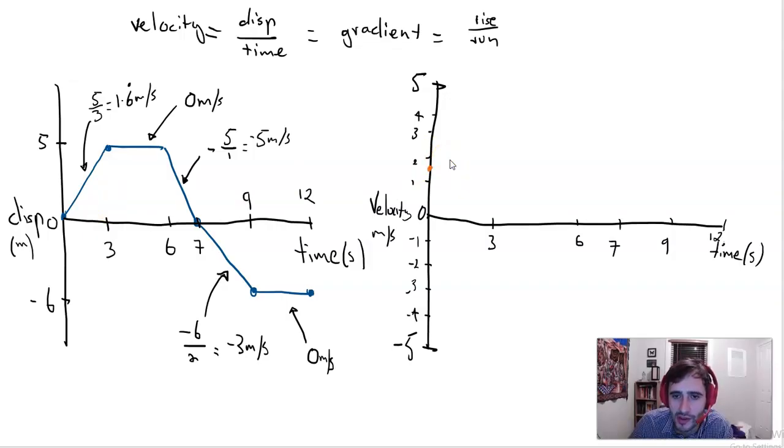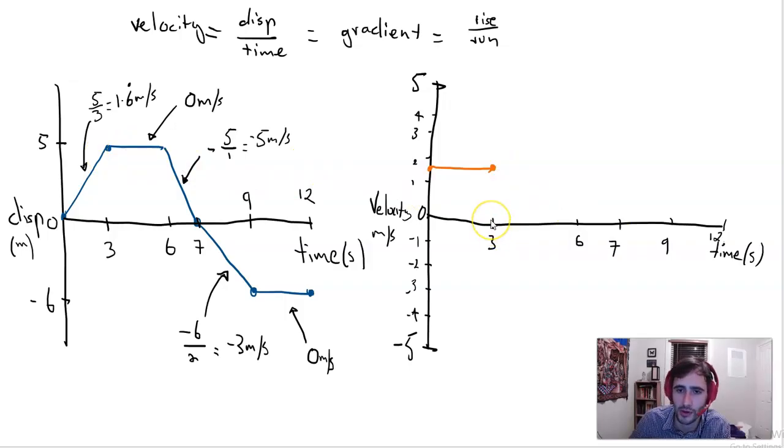What I like to do is get my 2 points in first. Eye it up. It looks like it's 3 seconds, 3 seconds. Okay, cool. 1.6, 1.6. Excellent. So we're just going to draw a straight line like that.